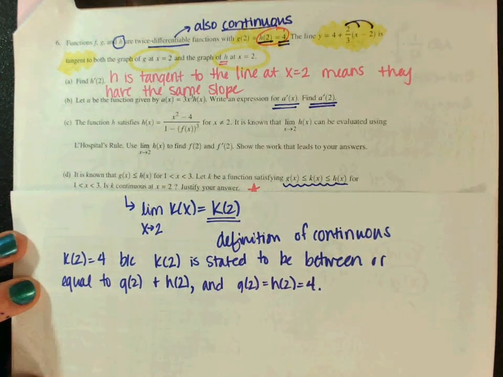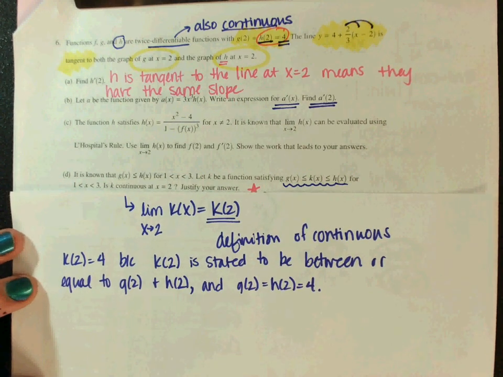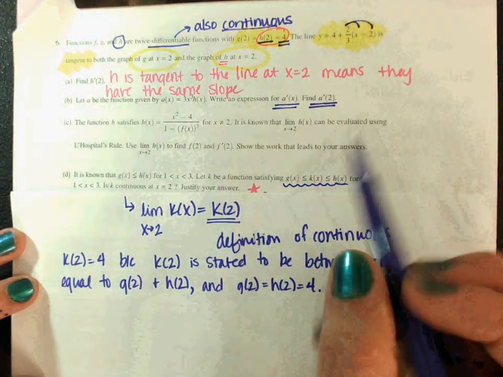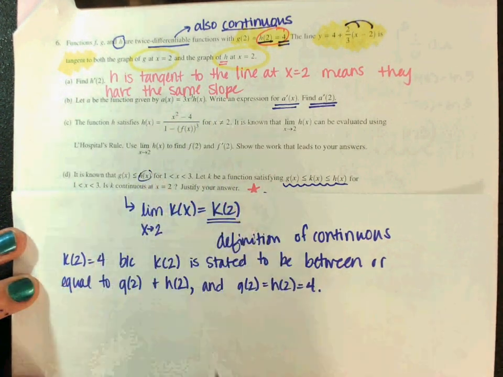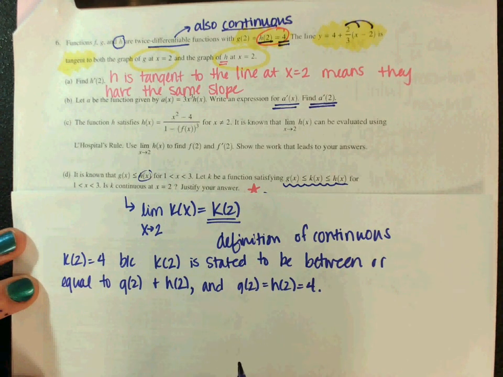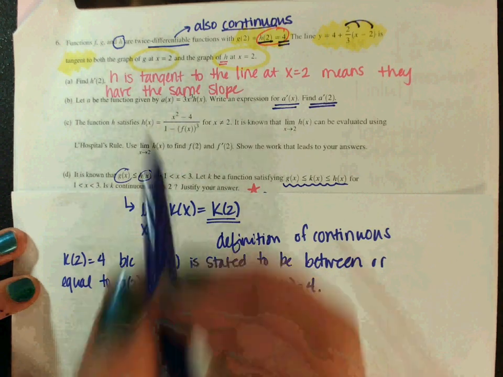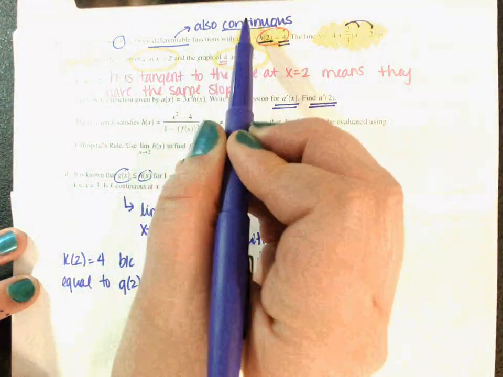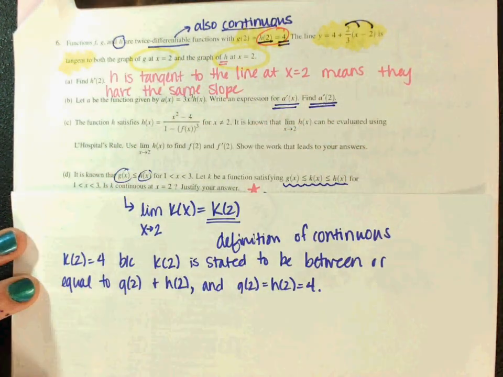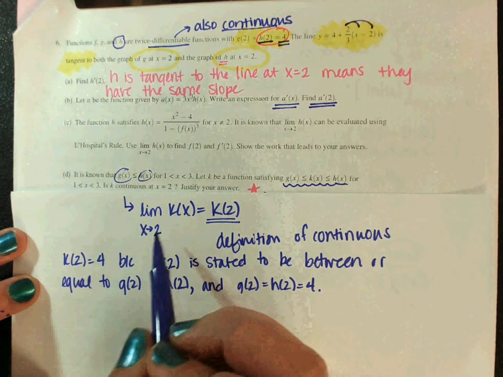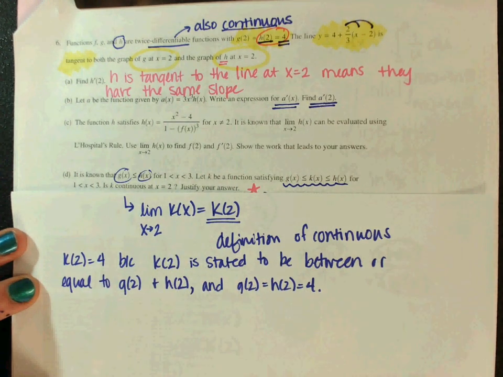So I already know my y value. Well, the other question then is my limit. So I want you to think about wherever my graphs are. If my top function, which is h of x, is approaching 4, and my bottom function, g of x, is approaching 4 as well, because they're both continuous since they're stated to be differentiable, then doesn't my middle function also have to be approaching that same value?